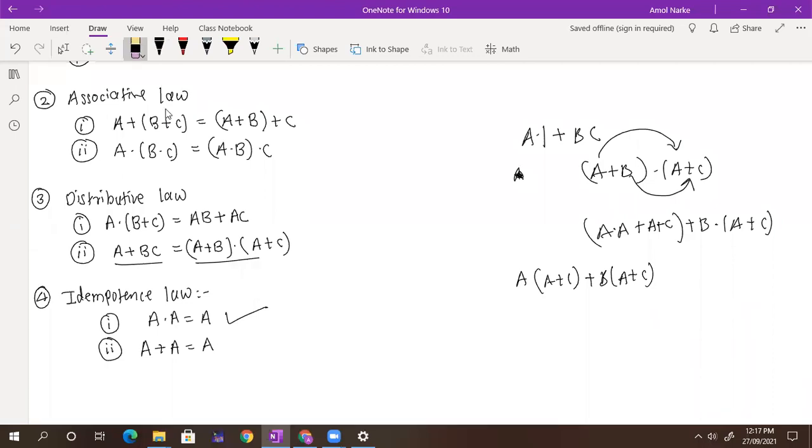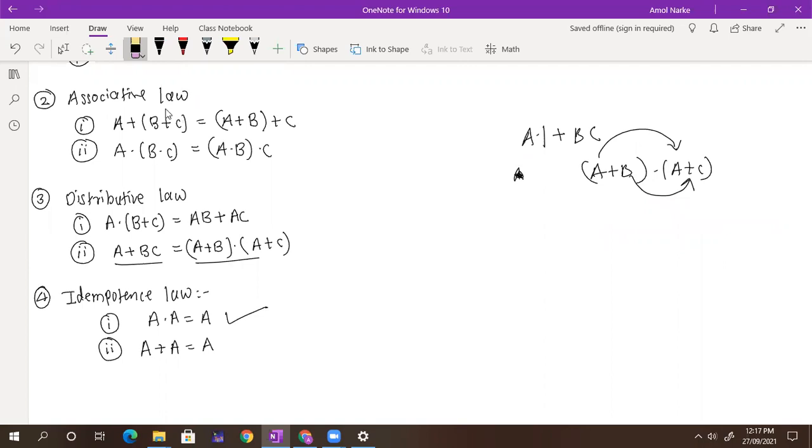So we can do as before: A dot A plus A dot C plus A dot B plus B dot C. I will write it down here so everyone understands. Just tell me what I should write.